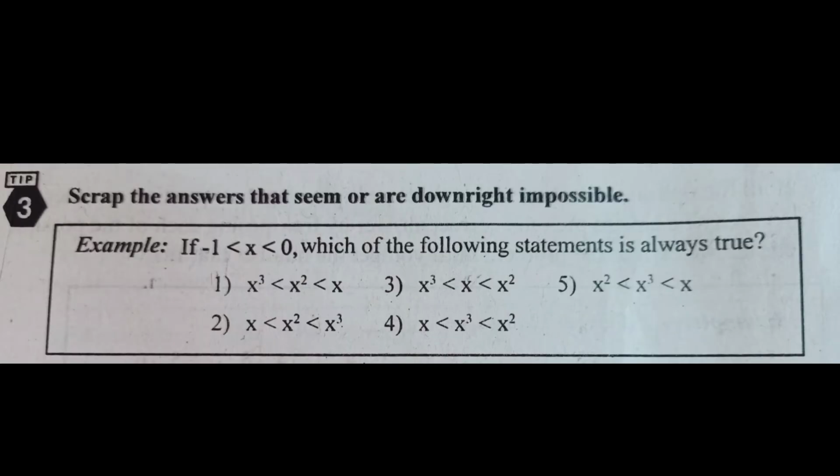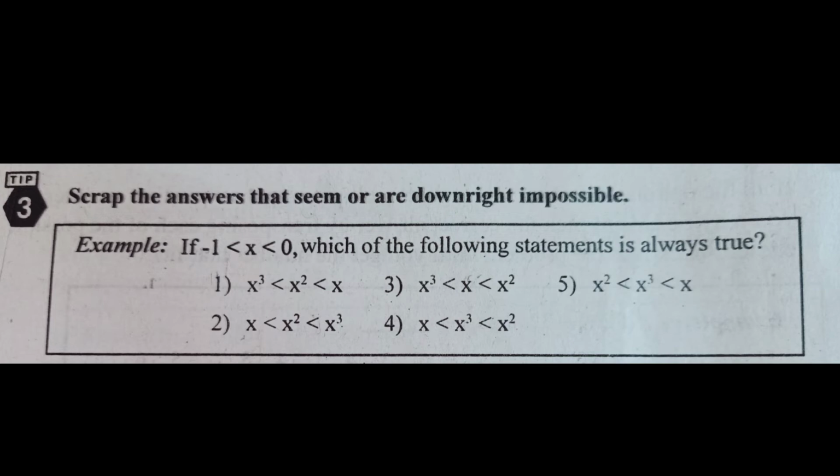Tip number 3. Scrap the answers that seem or are downright impossible. Example, if negative 1 is less than x and x is less than 0, which of the following statements is always true? First option, we have x cubed less than x squared less than x.